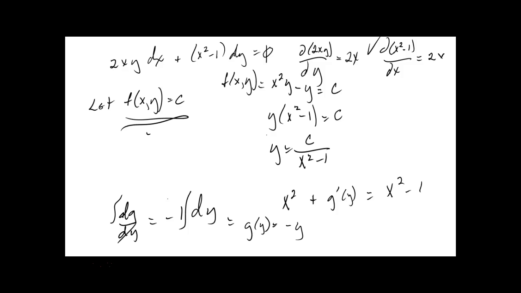It can be anything left of minus 1, anything between minus 1 and plus 1, or anything right of that, but it can't be anything that crosses that. Your interval has to be one of those three intervals. And that makes sense, because if it was equal to plus or minus 1, your original thing would just be 2xy dx is equal to 0, because that thing would equal 0. So it isn't unusual for that to be limited.